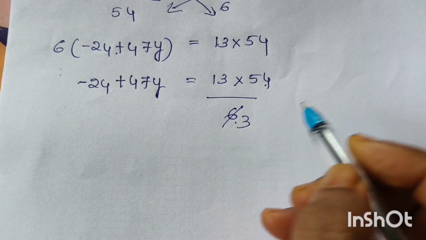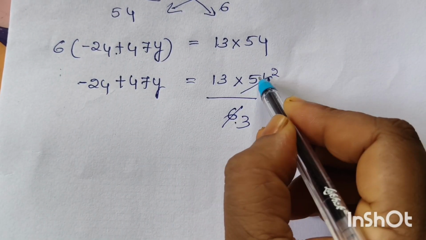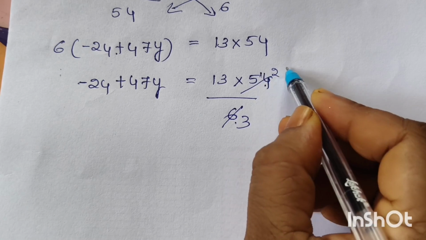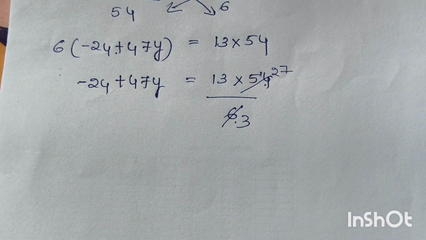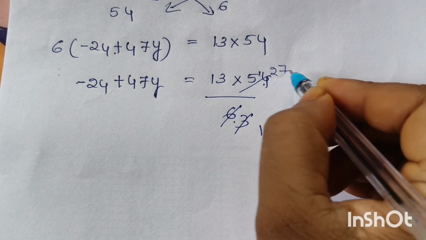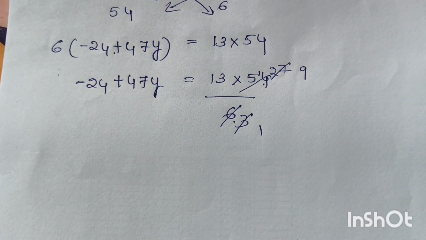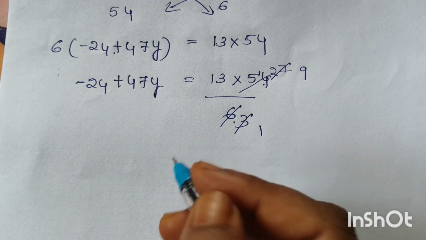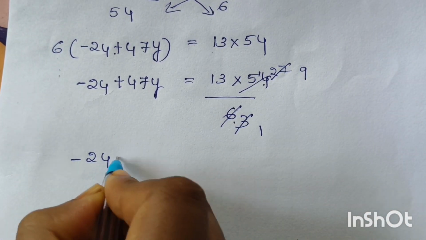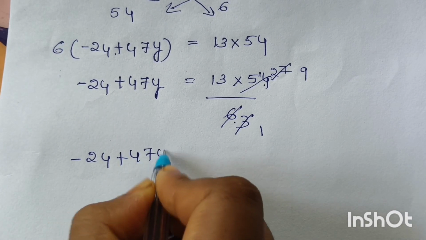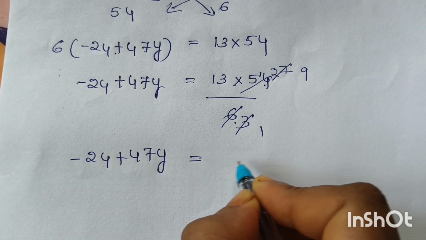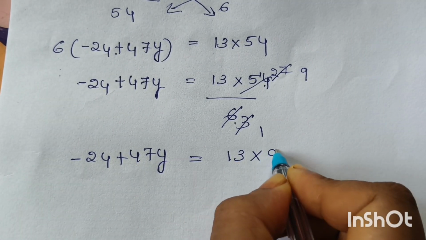2 3s are 6, 2 2s are 4, then 2 7s are 14, 3 1s are 3, 3 9s are 27. Therefore, what will it become? Minus 24 plus 47y is equal to 13 into 9.